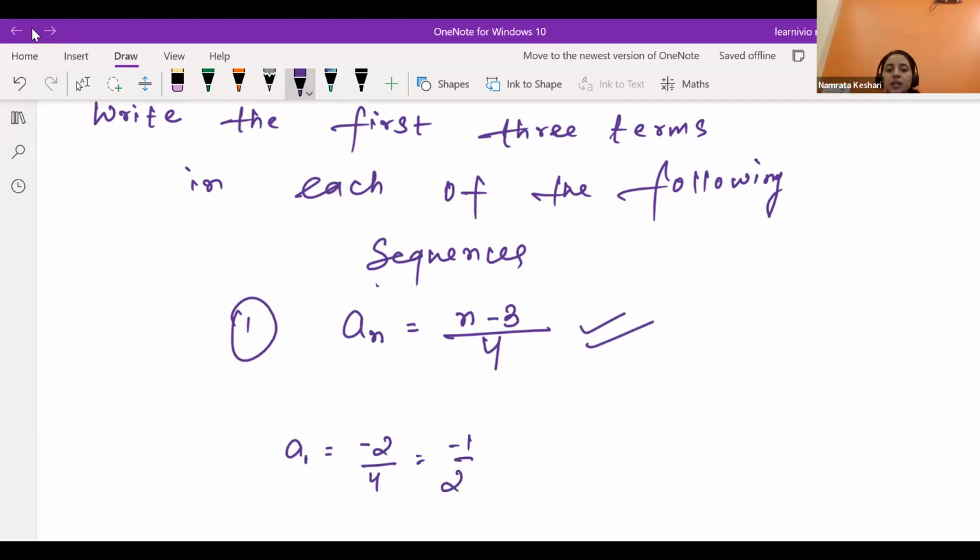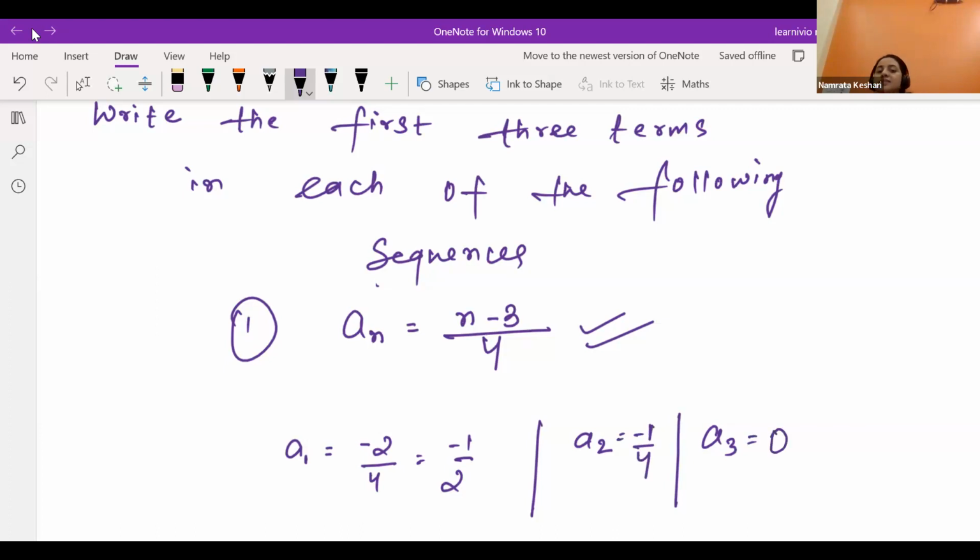Can you tell me the next term and the next term? Minus 1 by 4. Next. 0.